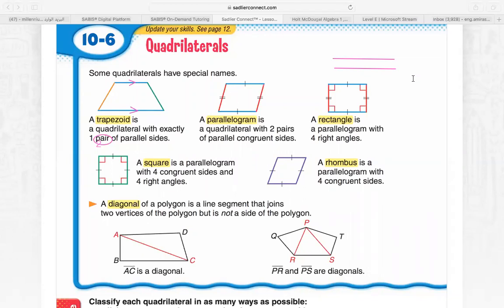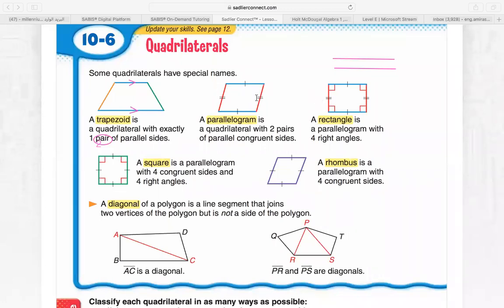It is called parallelogram. A parallelogram is a quadrilateral with 2 pairs of parallel congruent sides. So the 2 blue sides are parallel and congruent. Parallel and congruent means they are parallel and they have the same length.